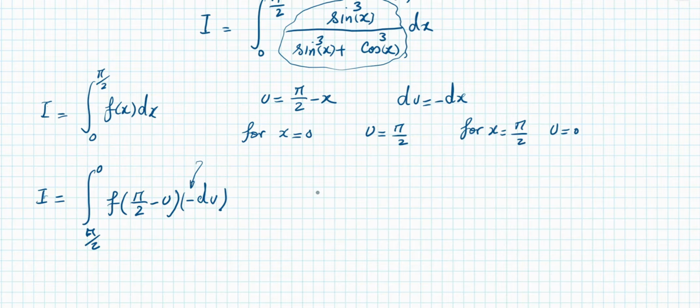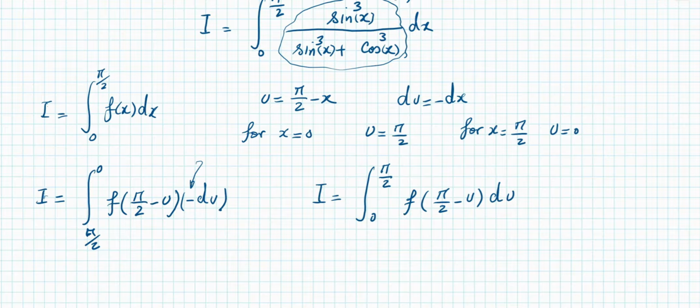So this I is also equal to the integration from pi over 2 to 0 of f of pi over 2 minus u du.